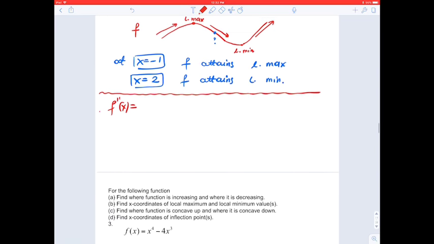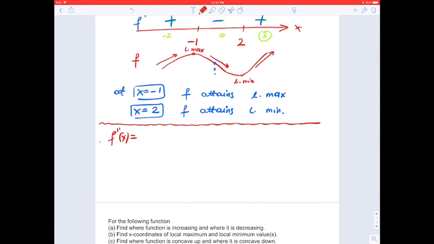That means the second derivative is 2x minus 1. And for the potential inflection points, I have to find the zeros of the second derivative. The second derivative is 0 if and only if 2x minus 1 is 0. Then x is 1/2. And 1/2 is in the domain of the function.